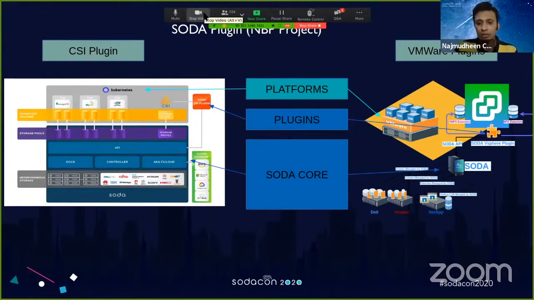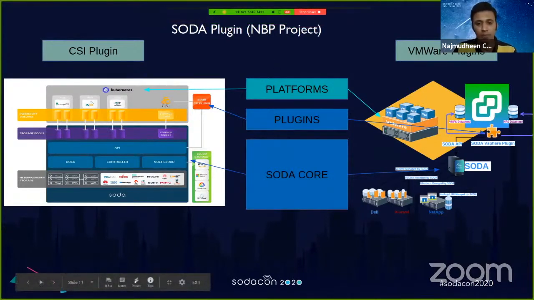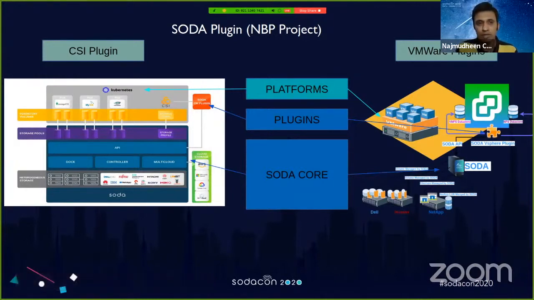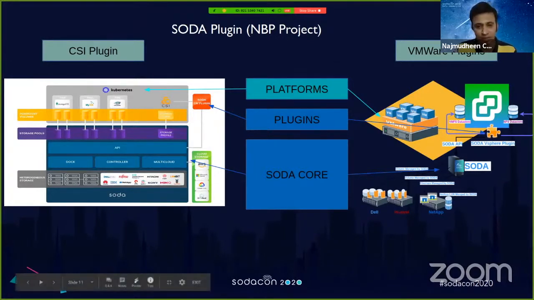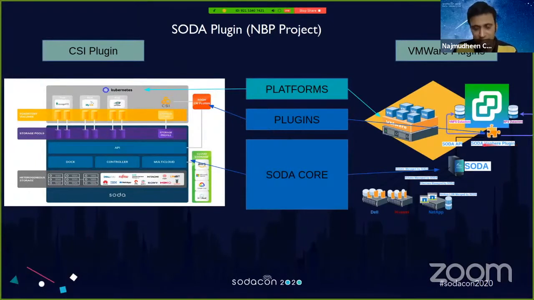As of now, SODA has done a block storage integration with VMware by providing a VMware plugin. Two kinds of plugins are available now. One is called the NGC plugin, the next generation client plugin, which is a vSphere client plugin that can be used in the vSphere web client and vSphere Flex client.